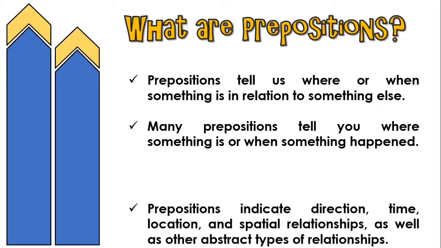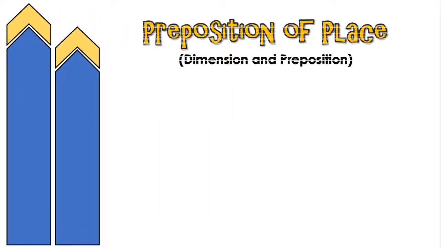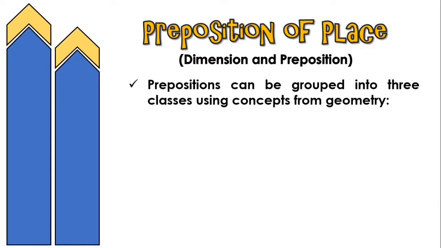There are also other types of prepositions for us to indicate direction, time, location, and spatial or abstract types of relationships. But in this video, we will be focusing on the preposition of place or preposition of location. We will be integrating dimension and preposition, wherein we will be dividing the prepositions of place into three groups using concepts from geometry.